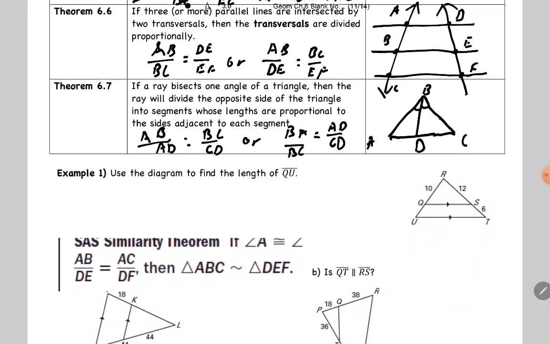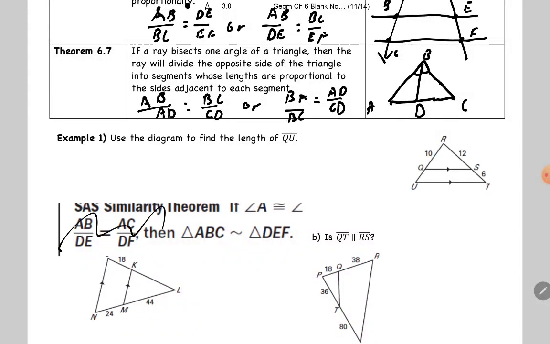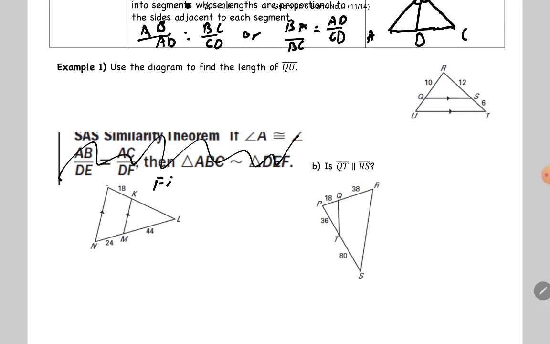Let's do some examples. Use the diagram to find the length of QU.